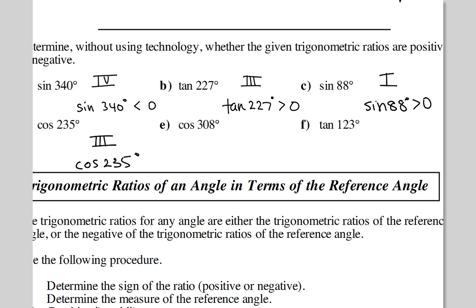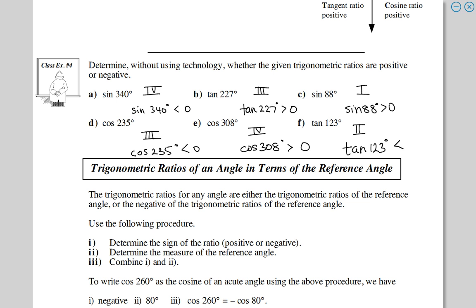If you're in quad 3, you're on the left, so cos is negative. 308 is in quad 4, so that's on the right, so cos of 308 is positive. And 123 is quadrant 2, where the signs are different, so 123 tangent would be negative.